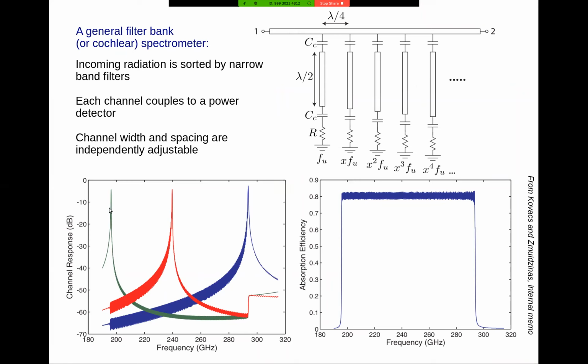And each individual channel can be very narrow. You can change the resonant frequency by changing the length of the resonant transmission line. You can change the width of that channel by changing the coupling capacitor. And so in principle, you can vary everything about that detector, including its width and its frequency.